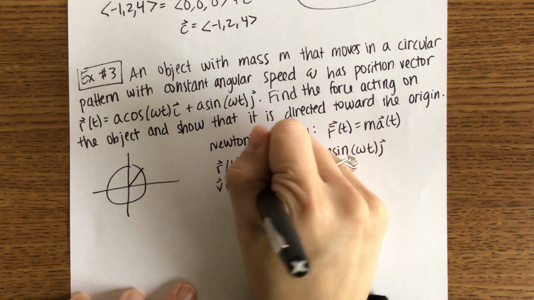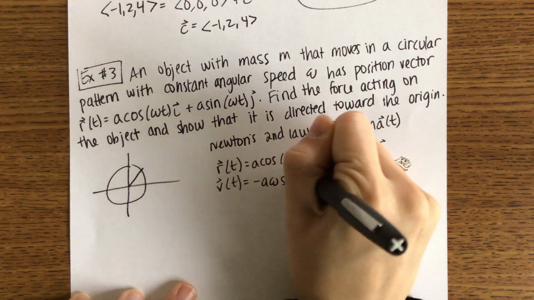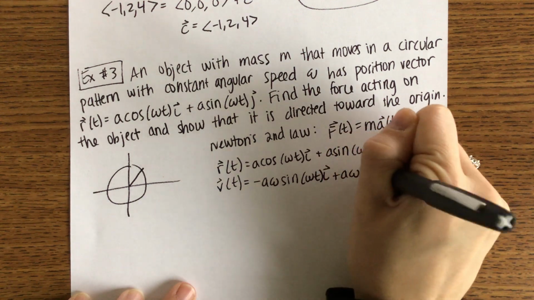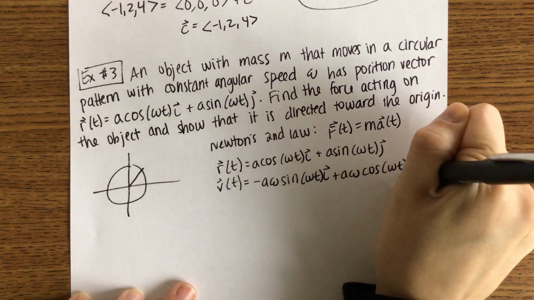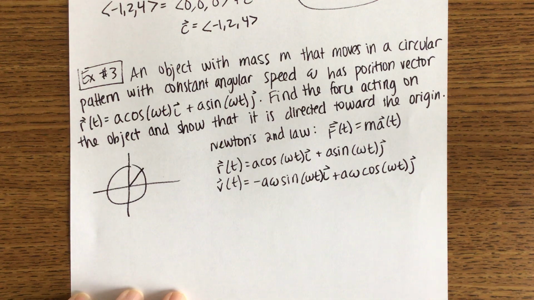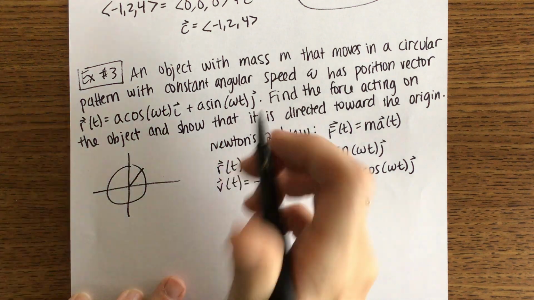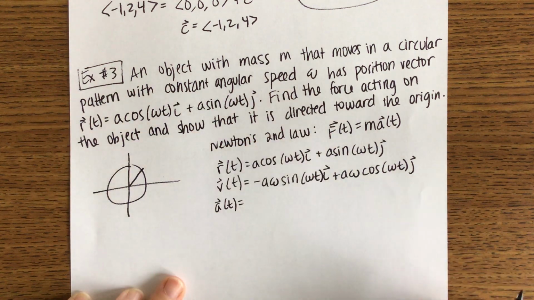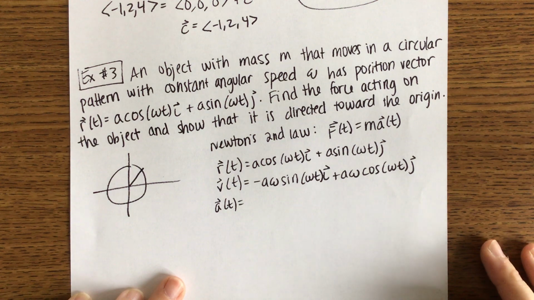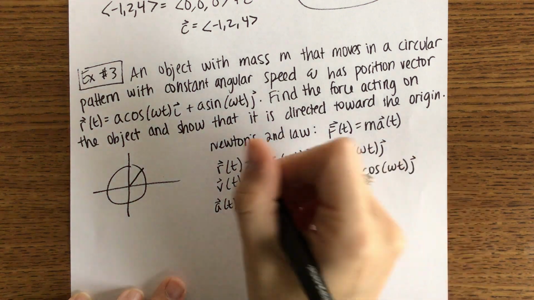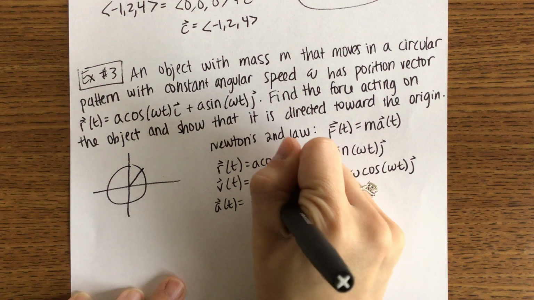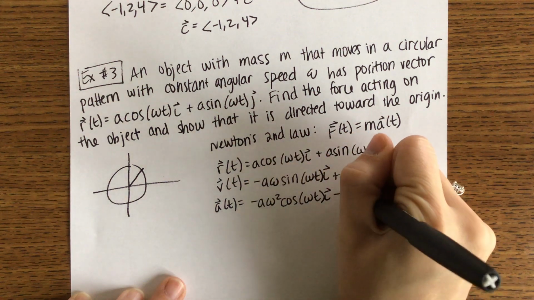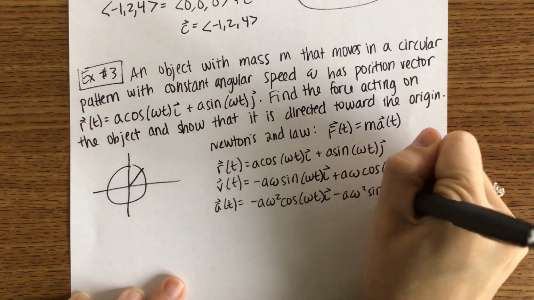So we get negative a omega sine of omega t i plus a omega cosine of omega t j. Then if we want acceleration, we're going to take the derivative of velocity, which is the second derivative of the position function. So here we're going to get negative a omega squared cosine of omega t i, subtract a omega squared sine of omega t times j.